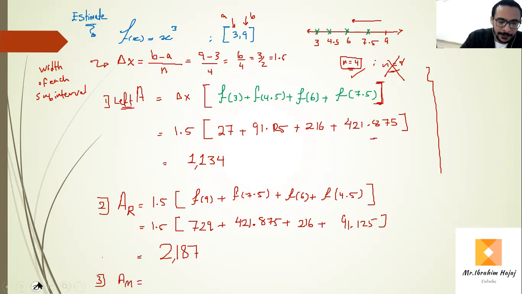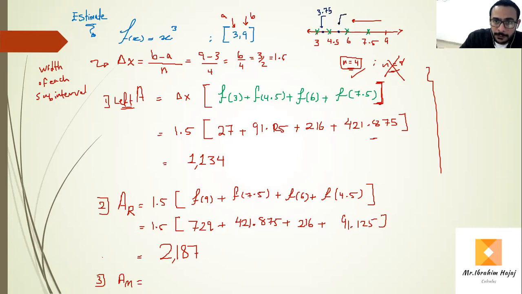Oh, we have to find the midpoints here. The midpoint between 3 and 4.5, which is 3 plus 4.5, and then divide by 2, gives you 3.75, which is halfway between 3 and 4.5. The midpoint between 4.5 and 6 is 5.25.